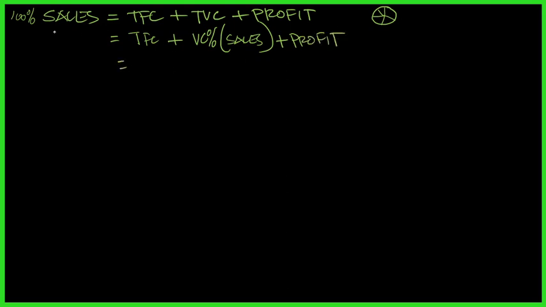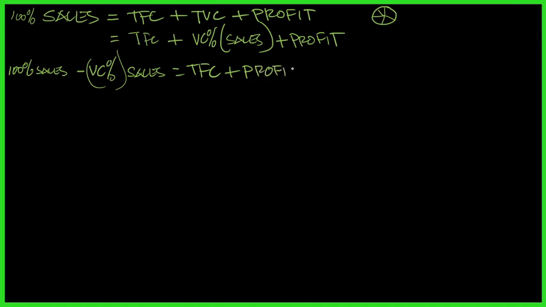Now, we can combine this, no? Para bang 100% sales. Sales minus, let's try to erase this part. Where's my eraser? Ayan, minus your variable cost ratio times your sales will be equal to your total fixed cost plus your profit. Okay, kunyari nag-enjoy pa tayo.